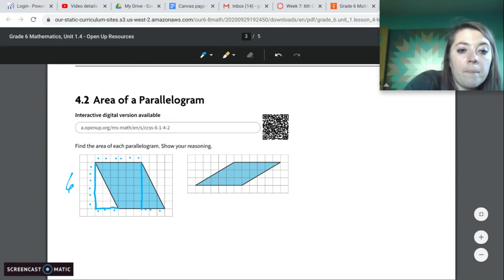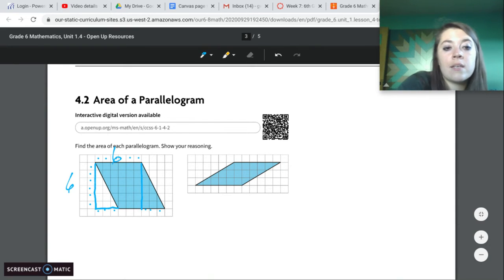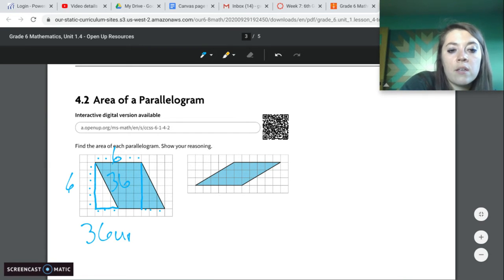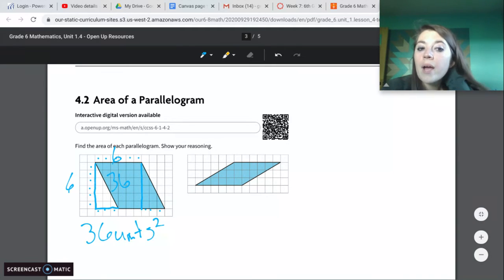So it really is a square. So 6 times 6 is 36. So this is 36 units squared.